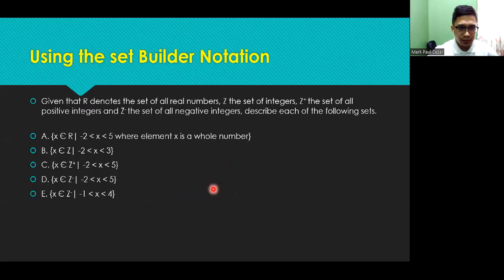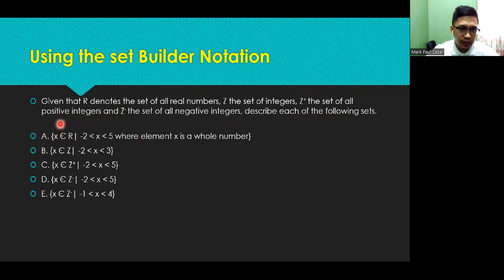So let's have an example. Given that R denotes the set of all real numbers, Z the set of integers, Z positive the set of all positive integers, and Z negative the set of all negative integers, describe each of the following sets. So let's try to answer this.